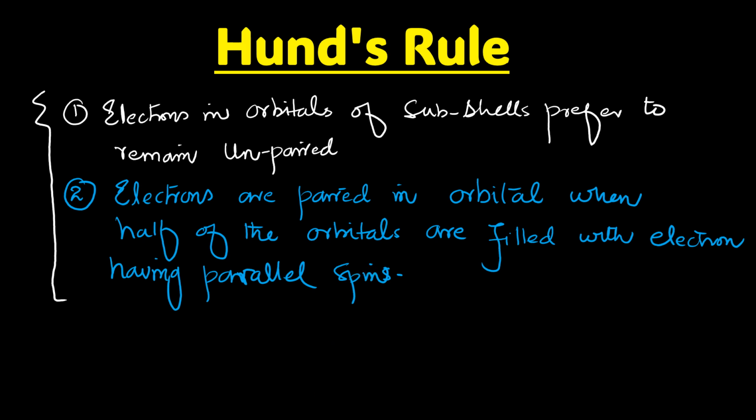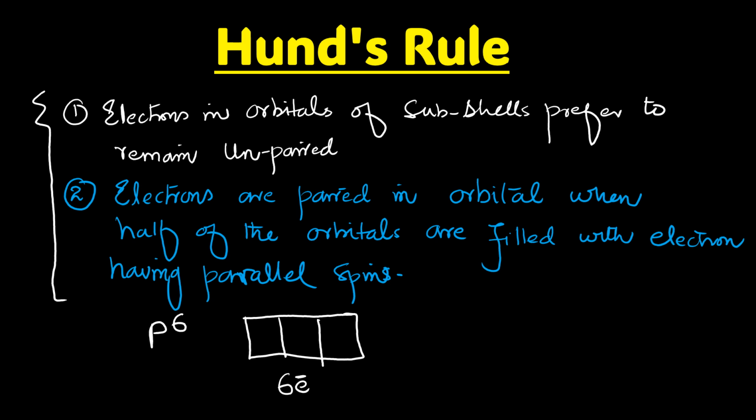As you know, the p subshell has a maximum of 6 electrons. This means the p subshell has 3 orbitals, and every orbital can accommodate a maximum of 2 electrons, in the form of a pair.